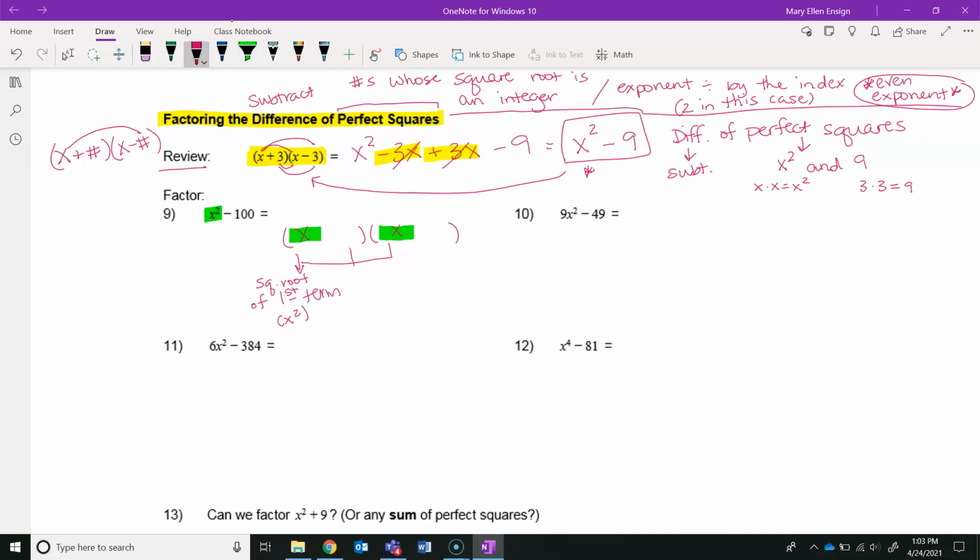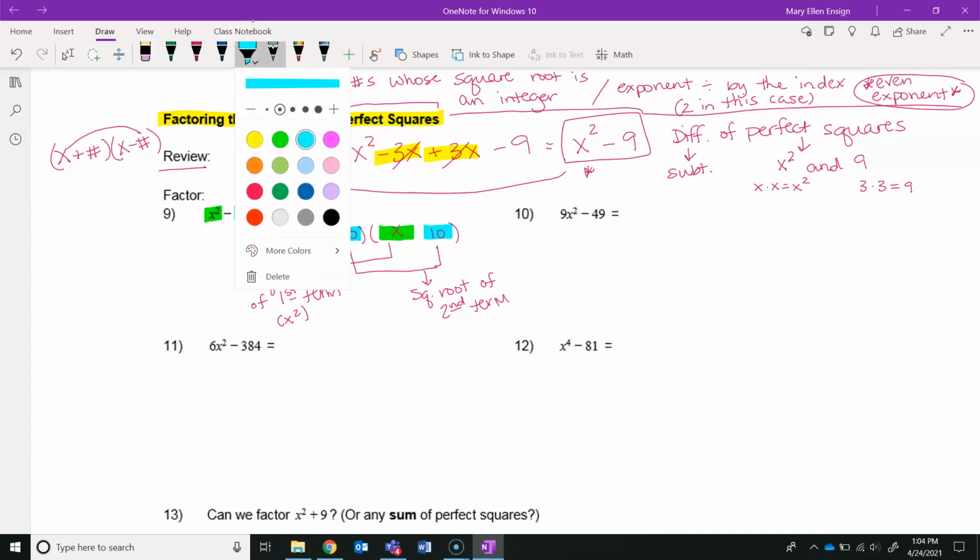Okay, so the square root of x squared is x, so that goes there and there. And then the second spot in each binomial is the square root of the second term. So in this case, it's 10.